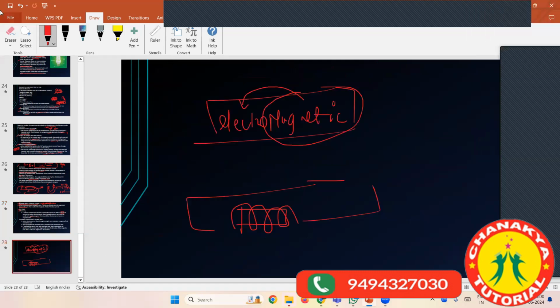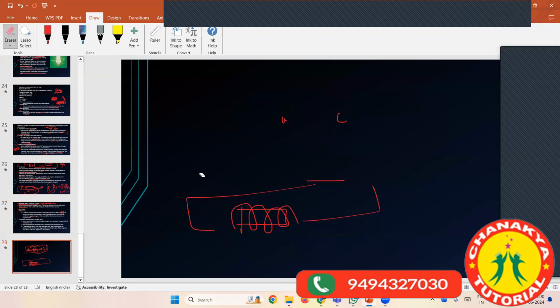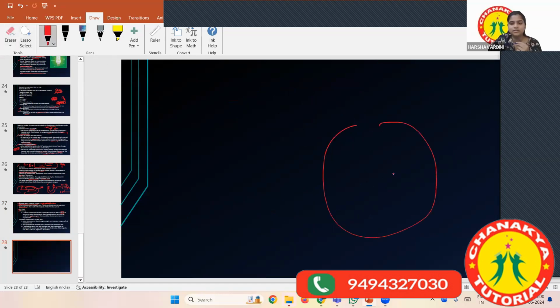Yes, ma'am, like it can change its direction and all like that. Earth itself is a big magnet, and we are producing small magnets on the earth. So obviously, it will have some effect, but there will be no very drastic effect. This particular magnet will follow its rule. This earth magnet has some separate rules.